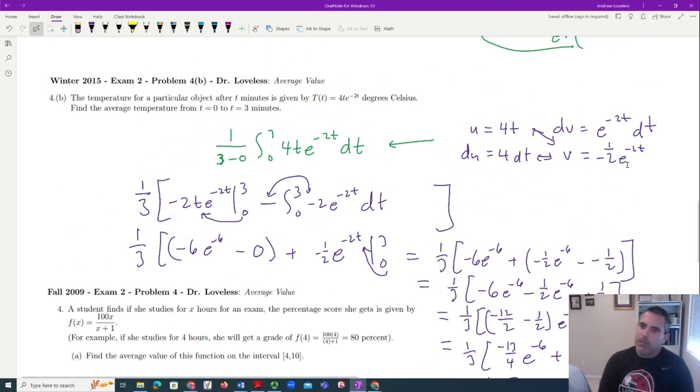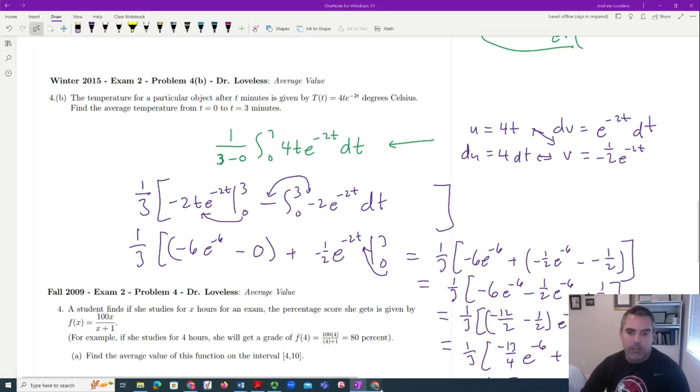Now we're going to play the game of how do we find a mistake if we think there is one. So I put these 2 things together. This was minus 2. I integrated, this was minus a half. I plugged in 3. And then I plugged in 0.